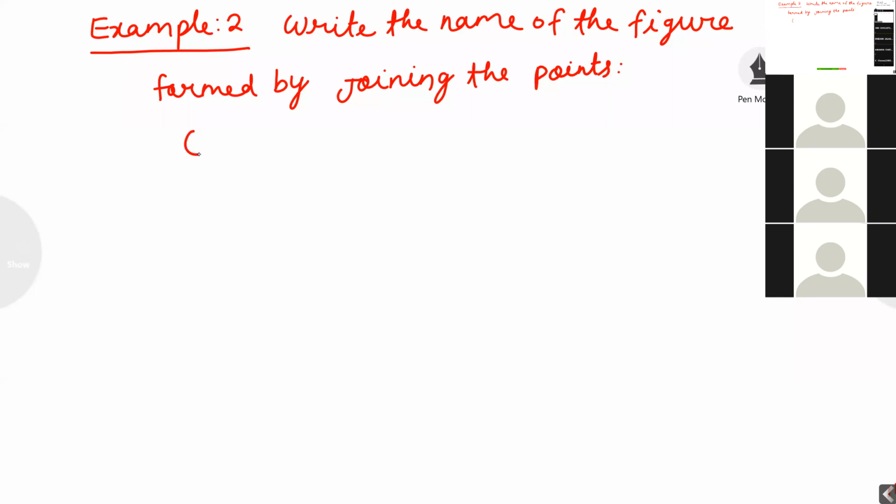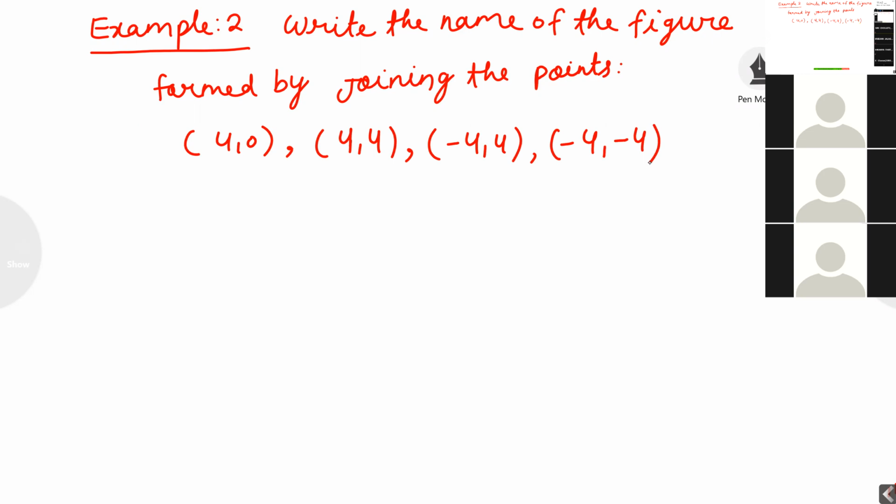First point he has given 4 comma 0, next point 4 comma 4, third point minus 4 comma 4, fourth point minus 4 comma minus 4, and 4 comma minus 4.